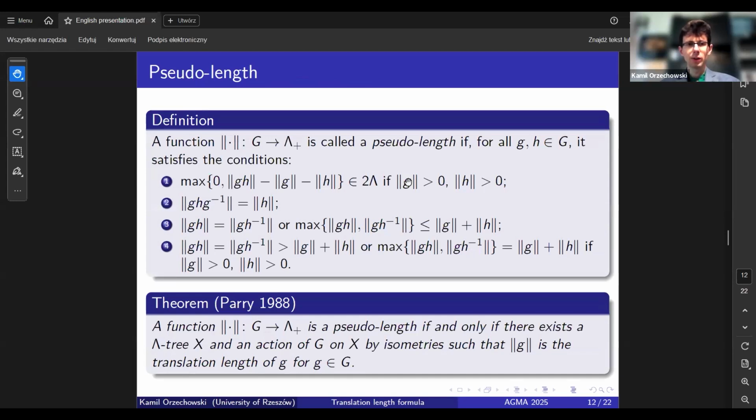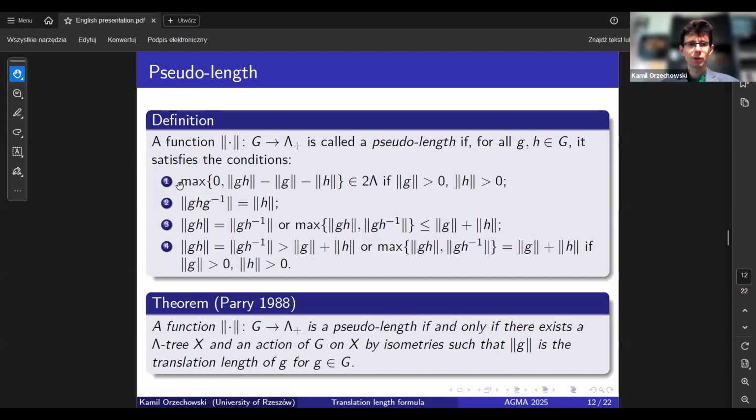Culler and Morgan in the 1980s asked how the translation length can be axiomatically characterized. They defined the notion of a pseudo-length. A pseudo-length on a group is a function from G to the non-negative elements of our group lambda, satisfying 4 conditions.